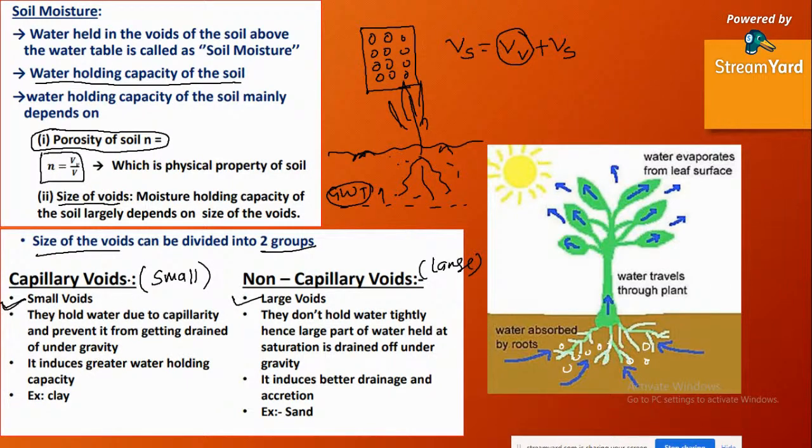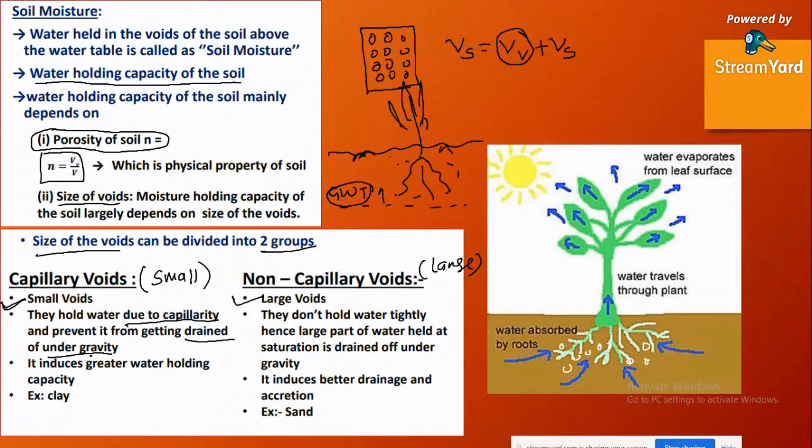In capillary voids, the size is very small, so the water is held due to the action of capillarity. Due to the capillarity, the water is stored in the voids of the soil, and it cannot be drained under the action of gravity.